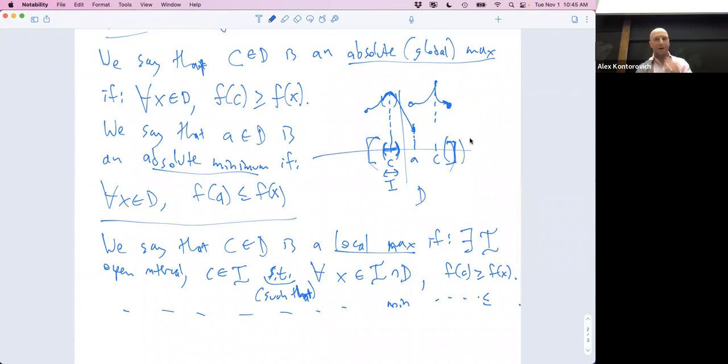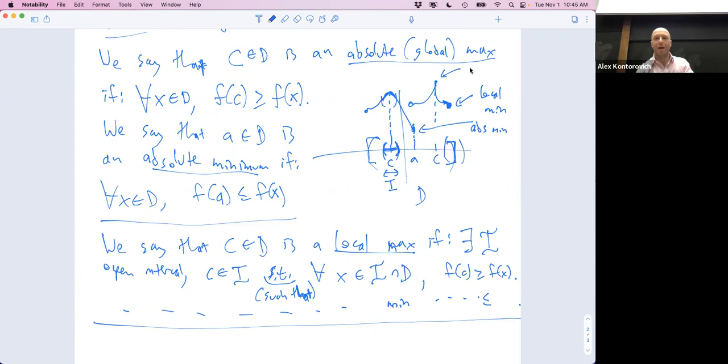So hold on, this is where some people would argue whether it really is a local min or not, because you don't have an open interval in the domain. It's not an interior point of the domain. Your book says, yes, let's call that a local min. So this is a local min. It's also an absolute min, absolute and local min.